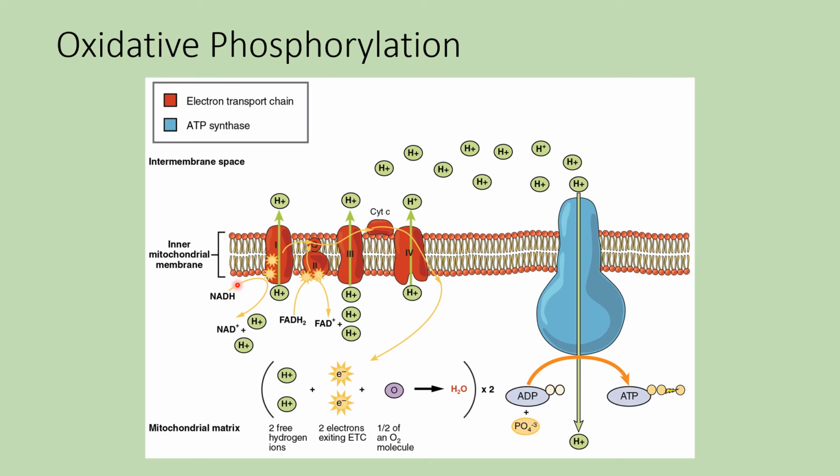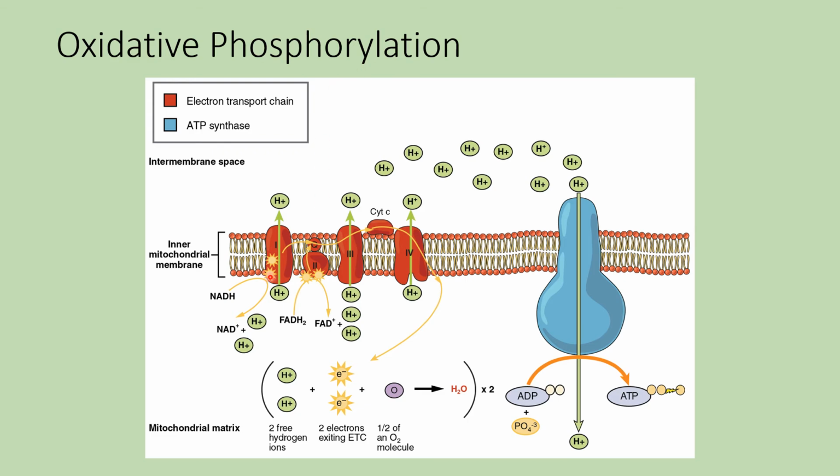What happens to these electrons is that they get shuffled. That's why we call it a transport chain. These pair of electrons will get passed over to this Q, which then is going to pass the electrons over here, which then passes them to here, which then passes them to here. So it's passing it down this chain. Every time it's passing these certain landmark proteins, these integral proteins that extend the entire width of this inner membrane, it's going to move hydrogen ions from the inner matrix into this space here.